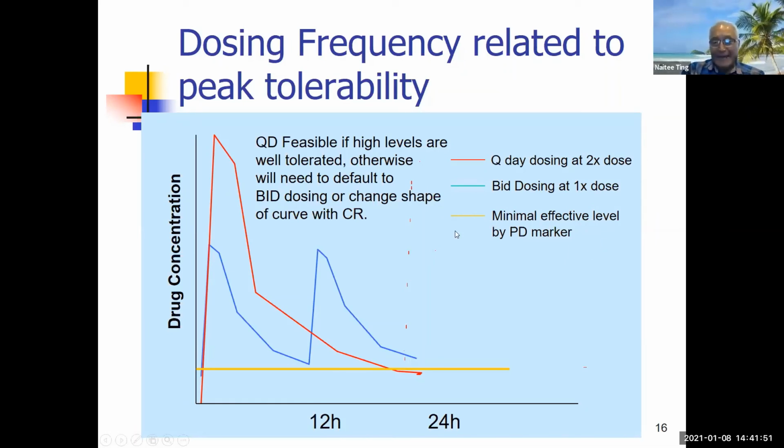You're measuring that, and you want to maintain this level of drug concentration in the body. Now, for the blue line, after 12 hours, it'll probably drop below the yellow line. Then the drug will lose its efficacy, because your PD marker does not allow the activity you would hope the drug will deliver.